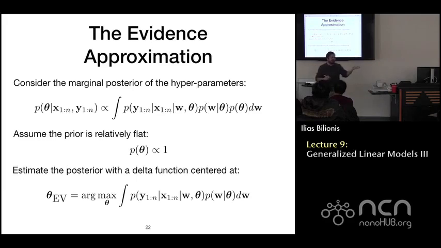Let me just find theta first. What's the probability of theta after I've seen all the data? And then you can use the sum rule to show that it's going to be proportional to this. So this is pretty much like saying, this is the posterior of theta conditioned on the weight, but I don't know the weight, so I need to average over the posterior of the weights.